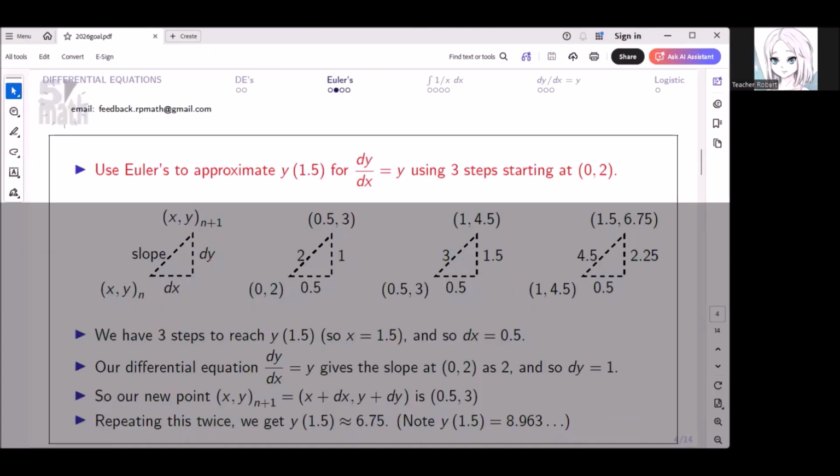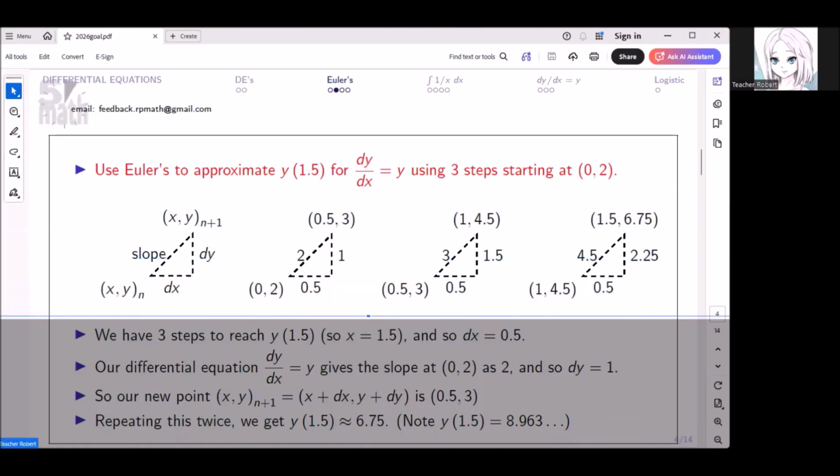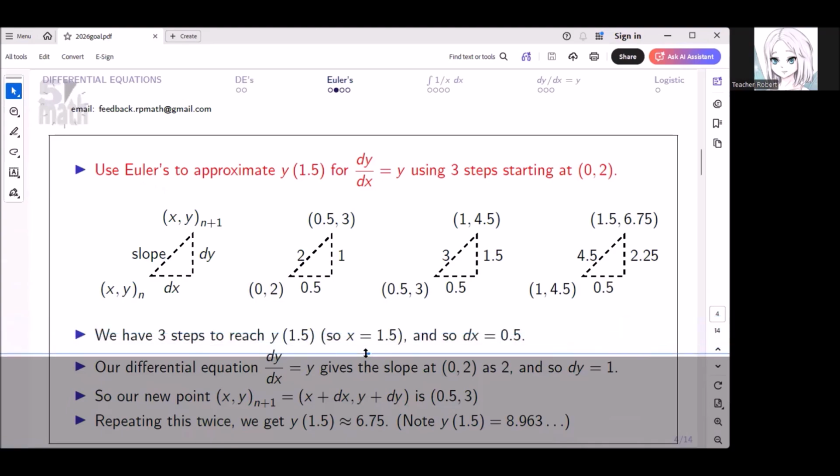Use Euler's to approximate y of 1.5 for dy/dx equals y using 3 steps starting at (0, 2). Here are some pictures. We have 3 steps to reach x equals 1.5, and so dx equals 0.5.